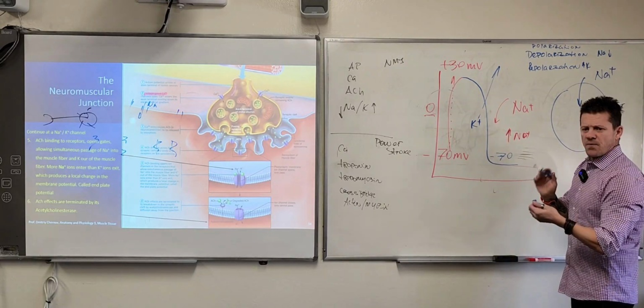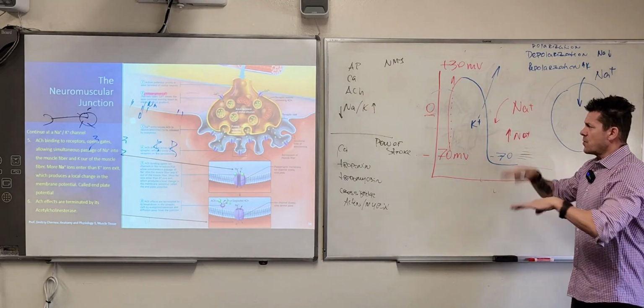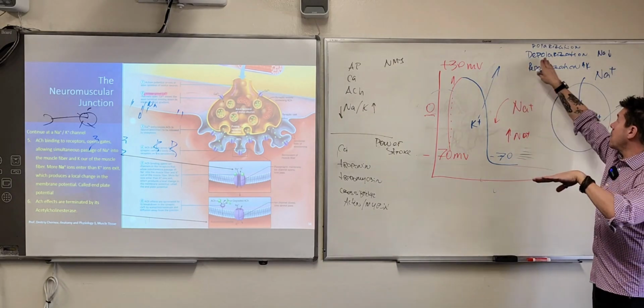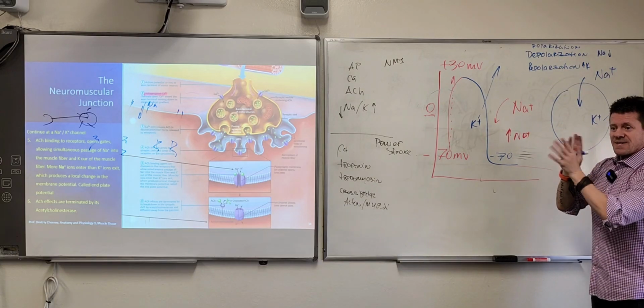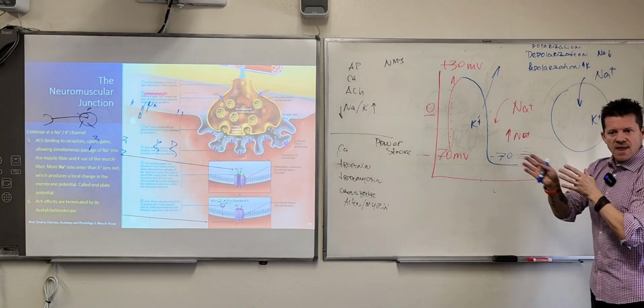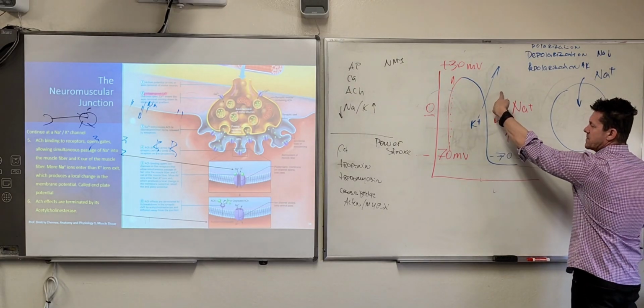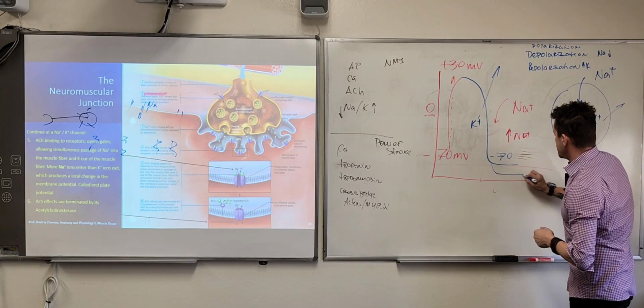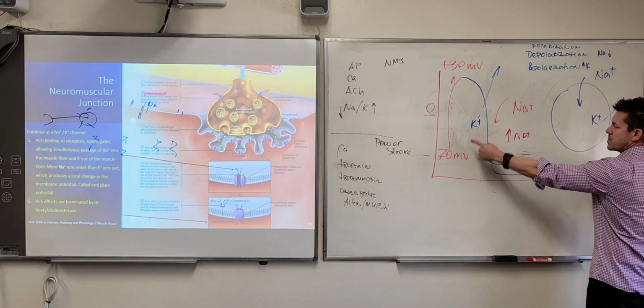If there are leaky channels, more potassium constantly flows, so they establish the membrane potential. They establish it because the leaky channels are constantly moving in and out. So if too much potassium leaves, you can go to minus 90. And it's usually what happens.